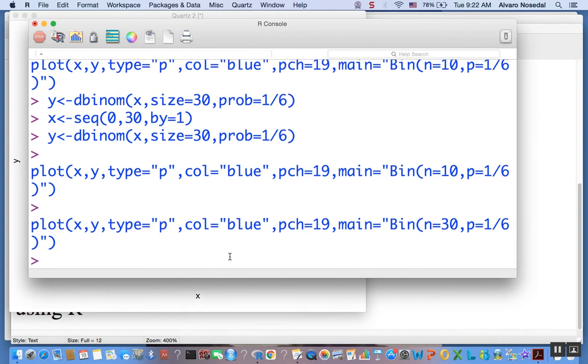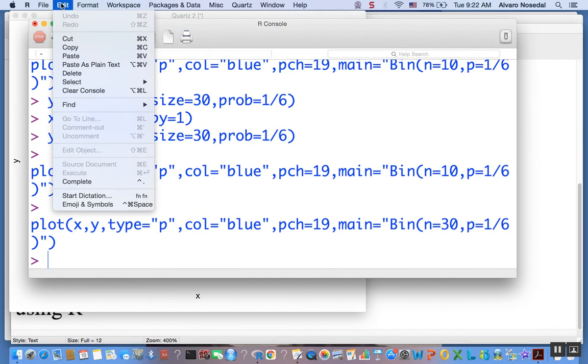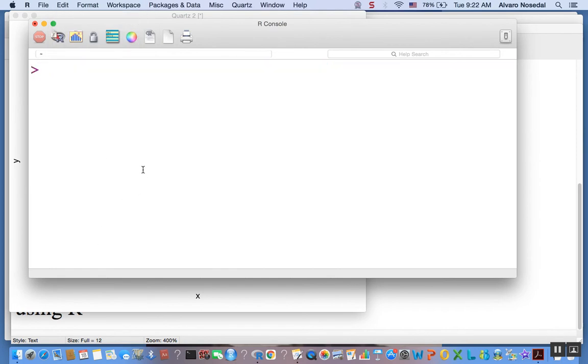Remember that to evaluate the CDF of a binomial, you use the pbinom function.